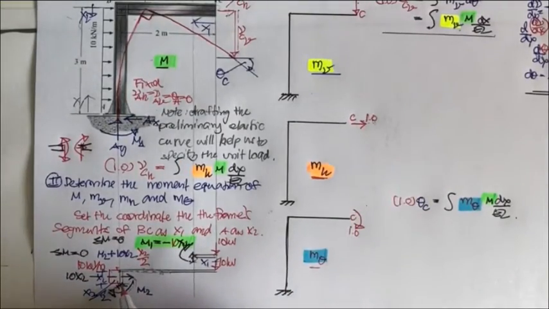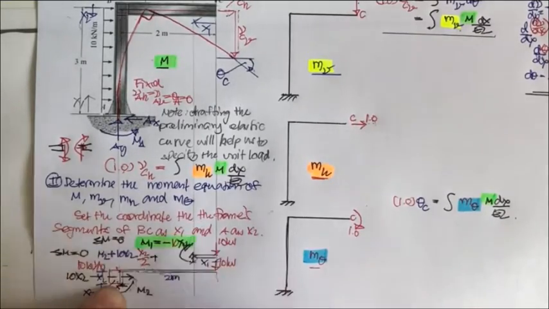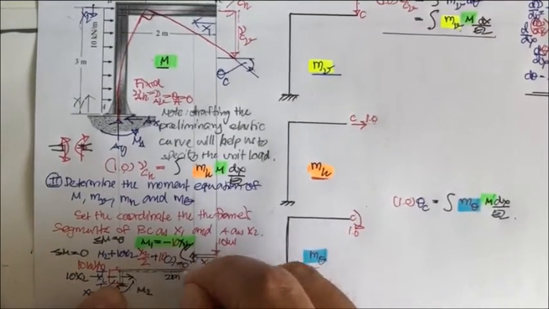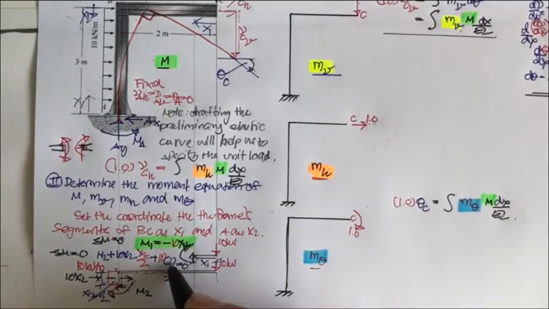And then if you take this, you also have this 2 meter times 10 kilonewton. So you plus what? Plus 10 times 2, equal to 0. So by doing that, you got this 20.